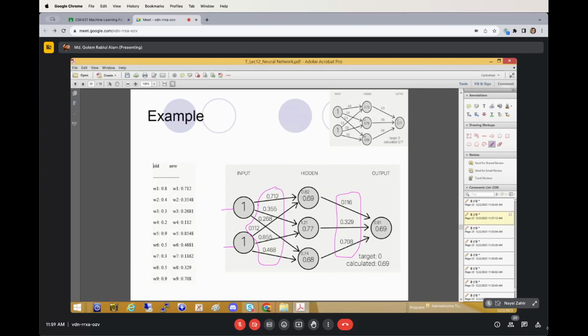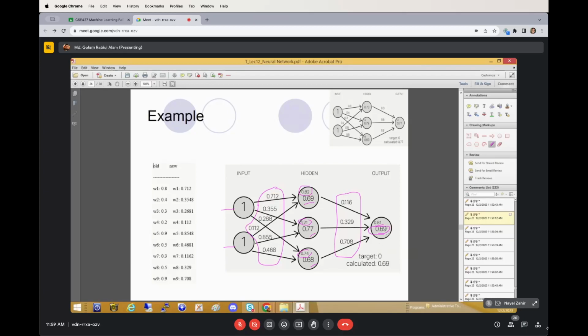We can see that H1, H2 and H3 changed, and the sigmoid, or hidden layer results, also changed. Finally we can see the output sum and the output result, that is the predicted or calculated result.